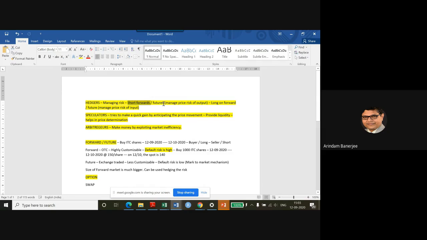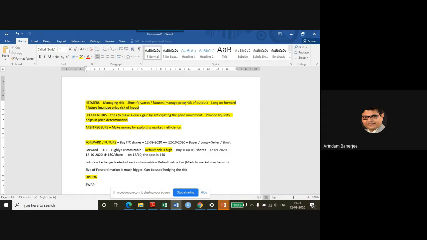Similarly, he is the seller of wheat. Now, suppose there is a company which produces wheat-based cereals, for example Nestle or this kind of company, which uses wheat as an input.